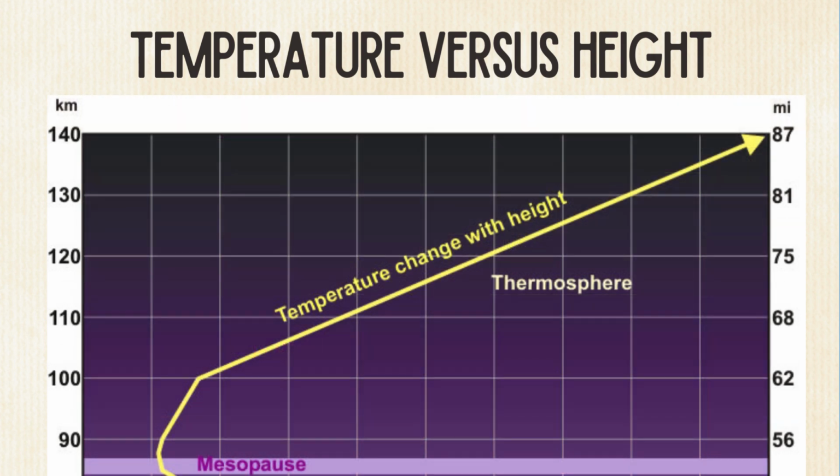Above this, the thermosphere experiences a dramatic rise in temperature, climbing from about -86 degrees Celsius at its base to well over 1000 degrees Celsius near the top. Despite these high readings, the air pressure here is extremely low, with only sparse molecules of oxygen, helium, and hydrogen spread far apart.